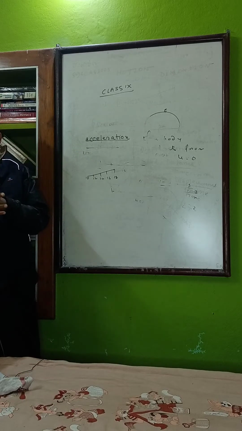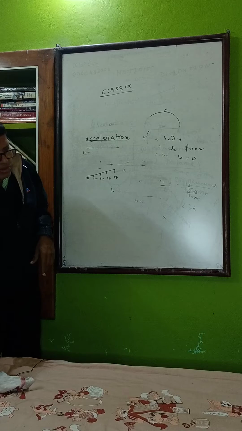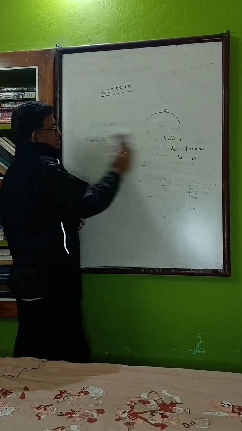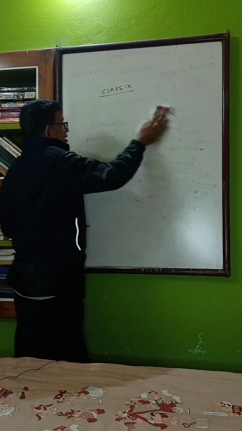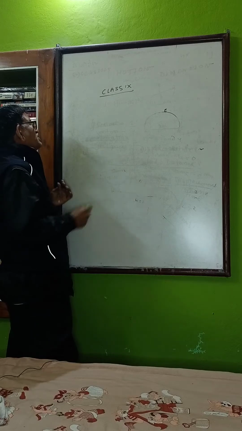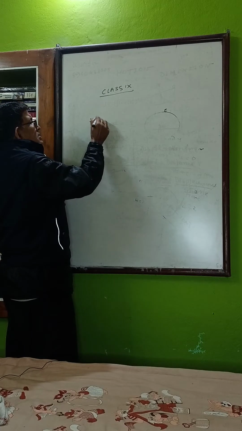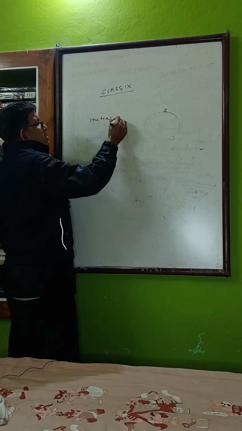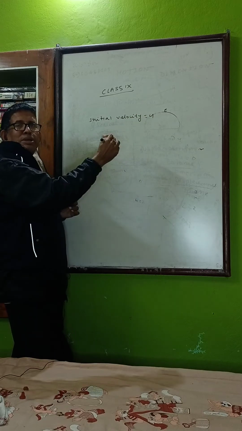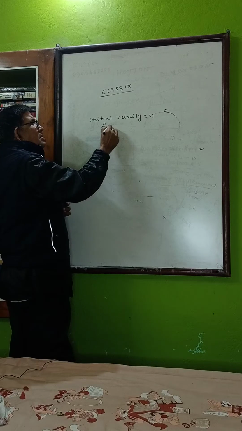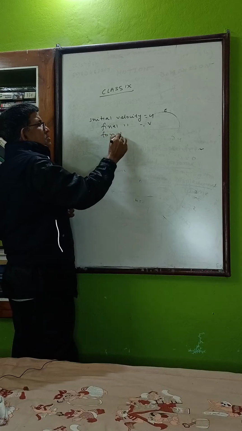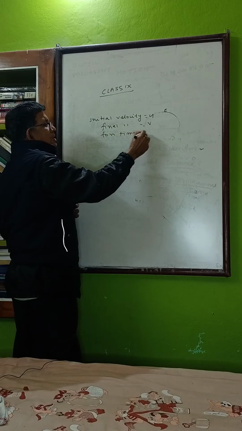Now I am going to consider some equations. I am going to derive some equations with the help of this concept. Let us consider first a particle moving with initial velocity u and final velocity v for time t.